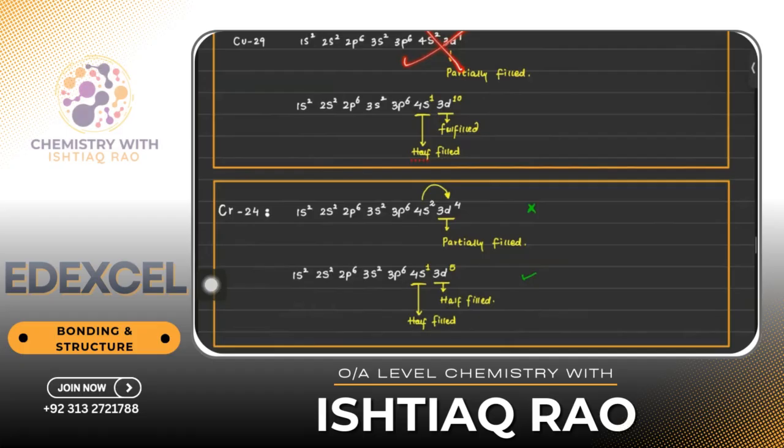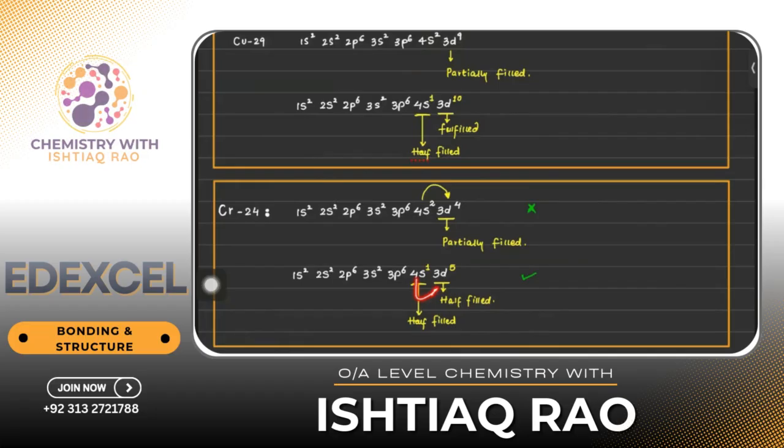Same goes for chromium. The proton number for chromium is 24. So for 24, I can say 4s2 3d4. This is the normal configuration. Since 3d4 is neither fulfilled nor half filled, this is going to be unstable. So how can I make it stable? I have to transfer one electron from 4s to 3d.